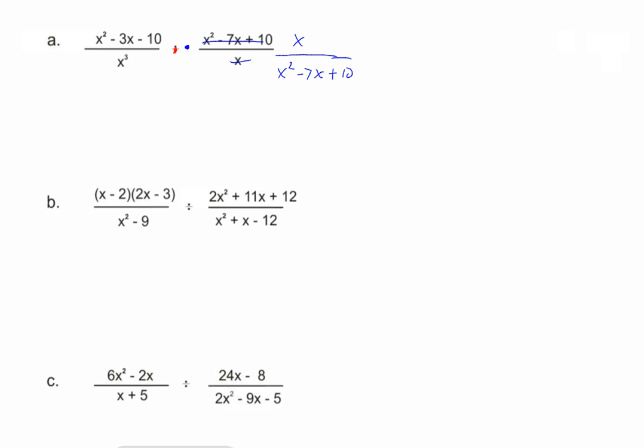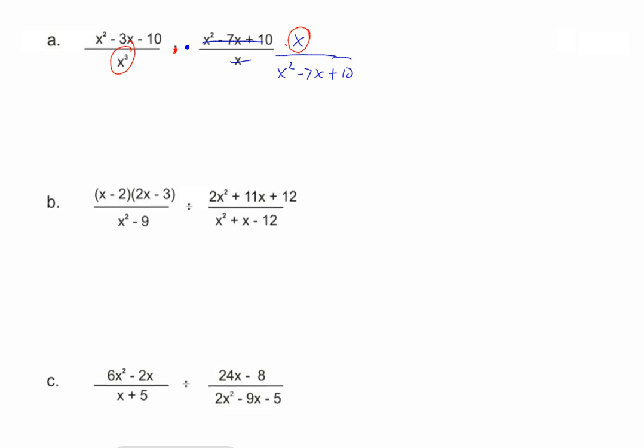All right, so before we go any further, just pause with me for a second and think about something. Top left, trinomial. Top right, monomial. Bottom left, monomial. Bottom right, trinomial. We can reduce those two monomials, just like we did the monomials earlier in the multiplication section.